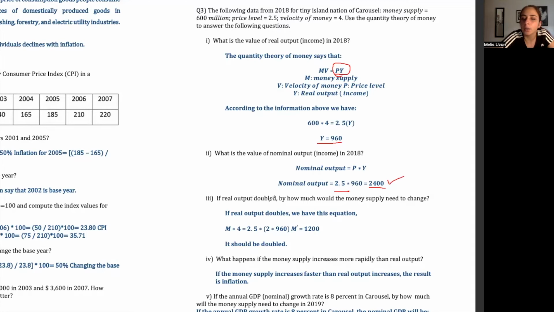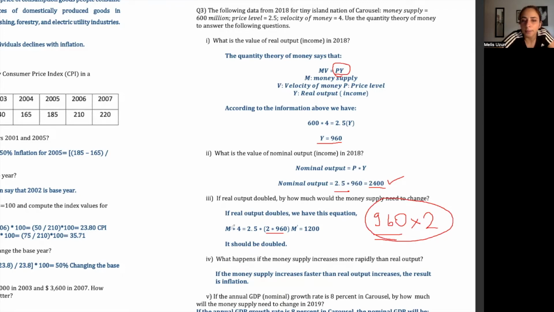And if real output doubled, by how much will the money supply need to change? So if real output doubles, it will be equal to this, because it was 960, and if it doubles, it will be equal to this.